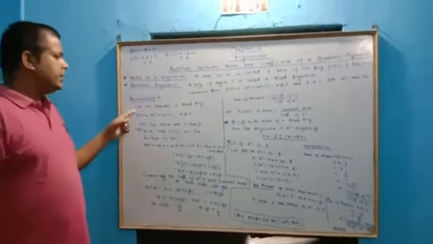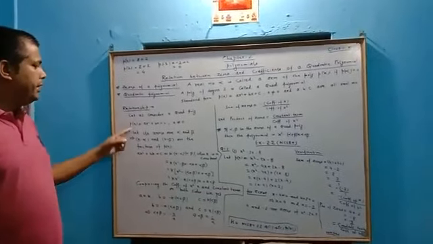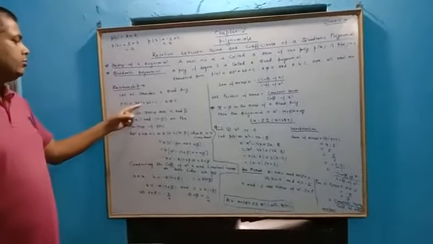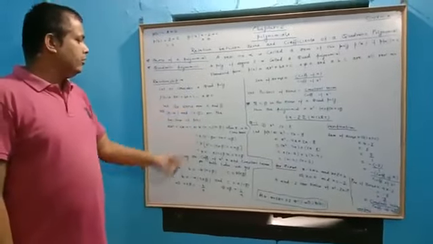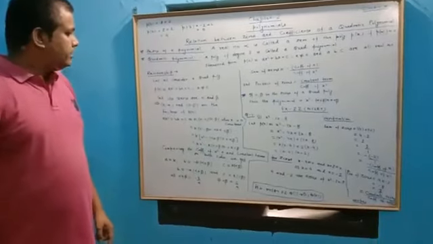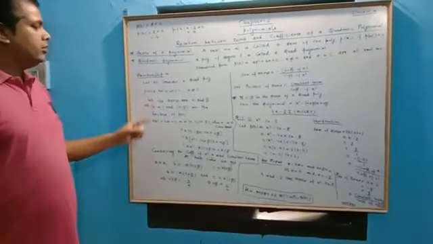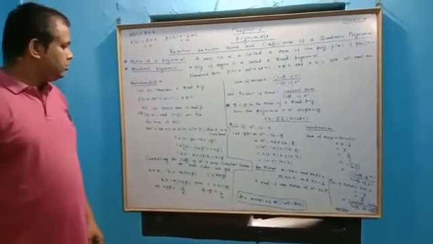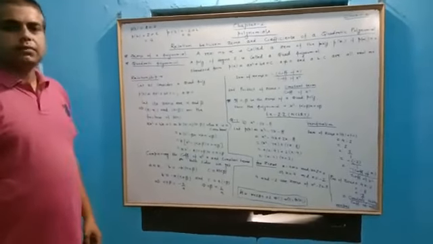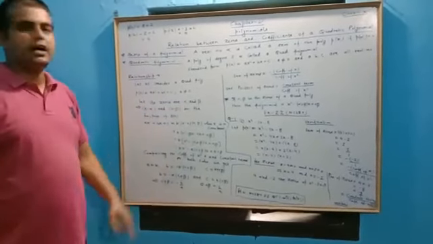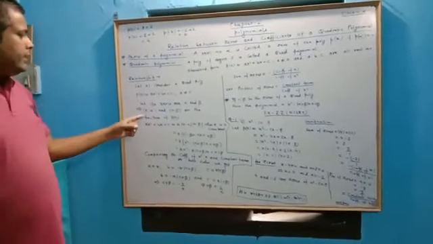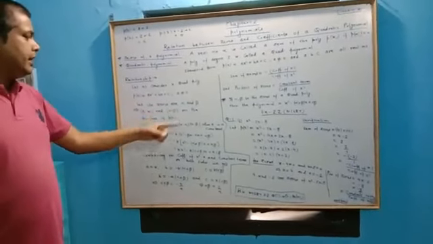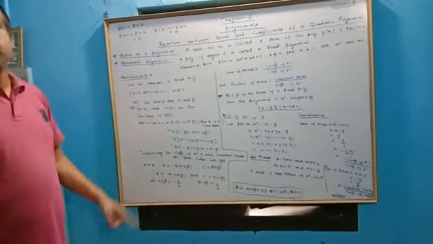Let us consider a quadratic polynomial p(x) equals ax square plus bx plus c, where a is not equal to 0. As we know it is a quadratic polynomial, so let's suppose its zeros are alpha and beta. Then x minus alpha and x minus beta are the factors of p(x).